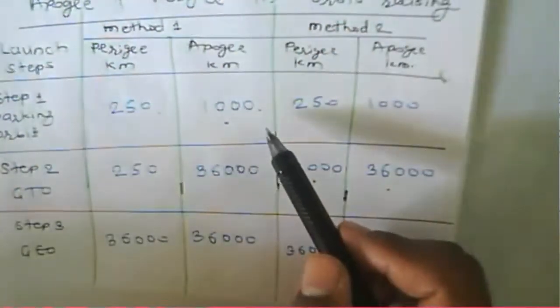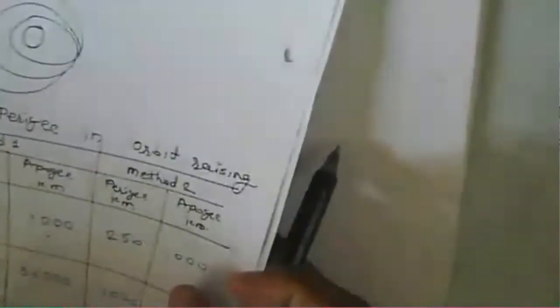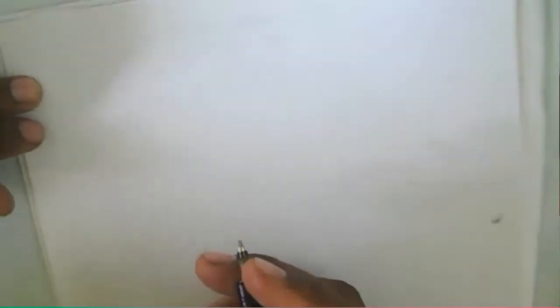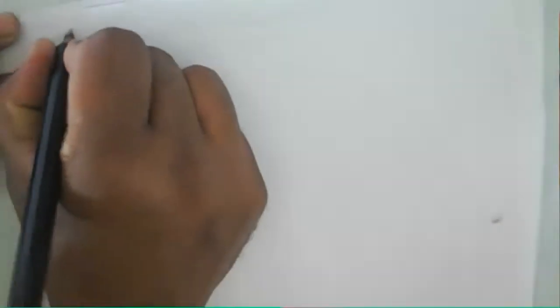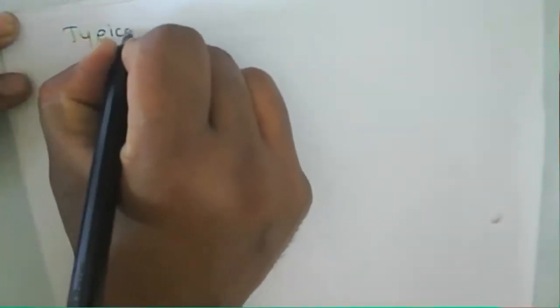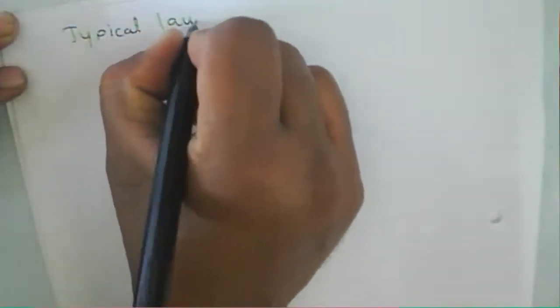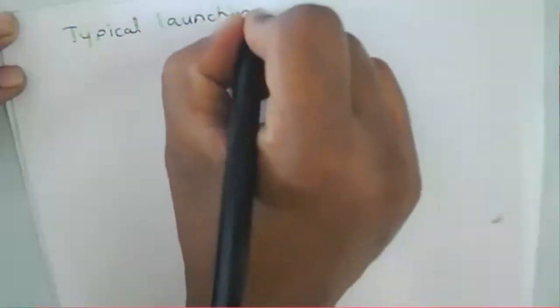That is about our model here, and in model one we see how the vehicle is to be launched. And one more topic is the typical launching sequence of a communication satellite.